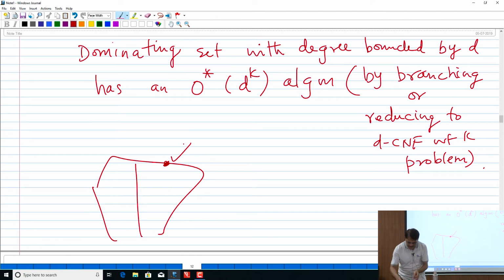Now can I just delete it from the graph and work on the remaining graph? What's the problem? Now I say, okay, recursively go and look for a dominating set of size k minus 1 in the remaining graph. That's not correct. Why not?